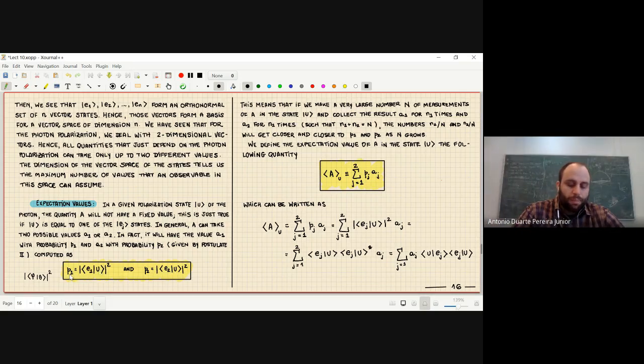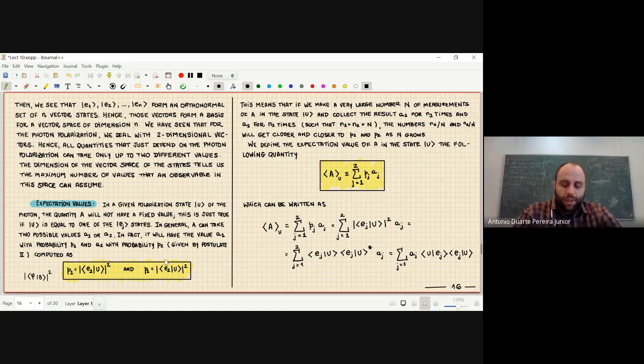The probability P1 of getting A1 is given by this expression, and the probability of getting A2, I will call it P2, and you obtain it by taking the state U, multiplying by the bra E2, which is the state that gives you A2.